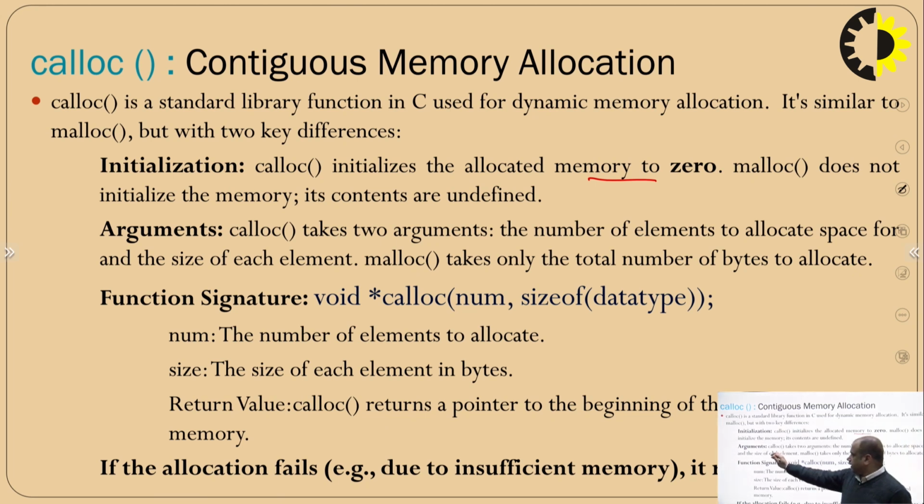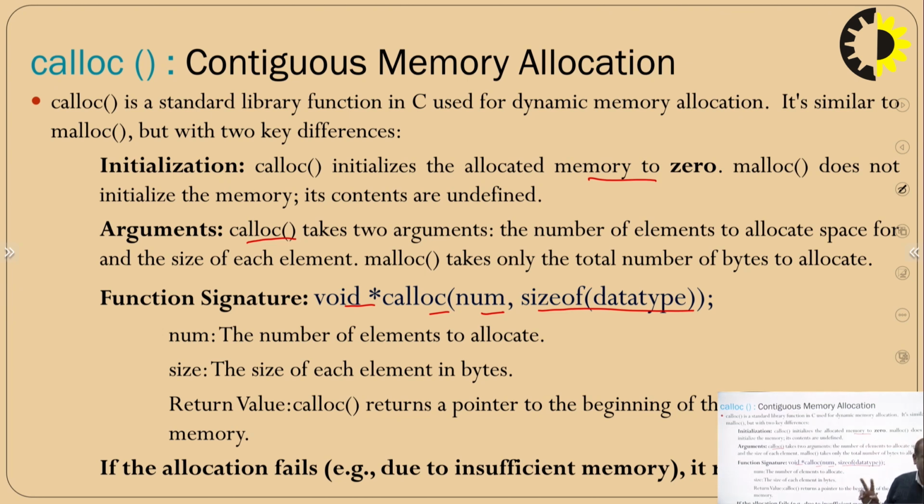Also, for arguments, calloc takes two arguments, while malloc takes only one argument, which is the total number of bytes to allocate. So the function signature will be void *calloc(num, size).